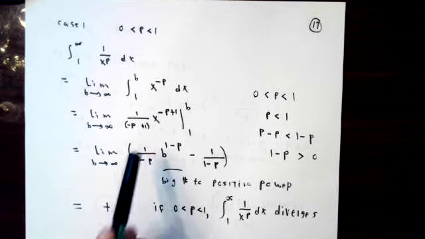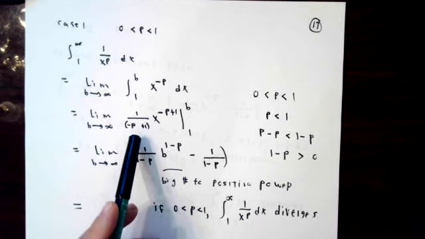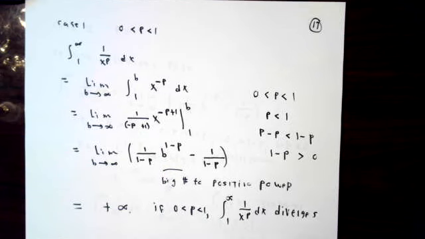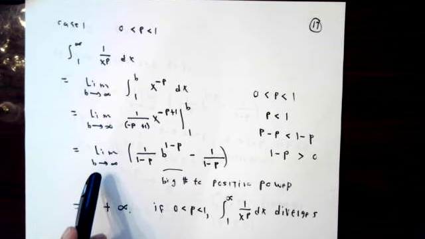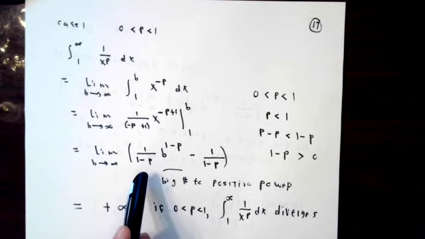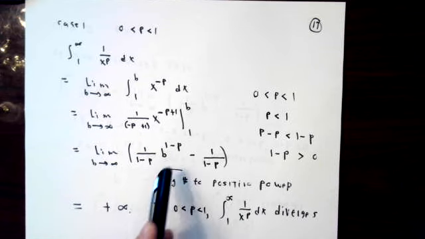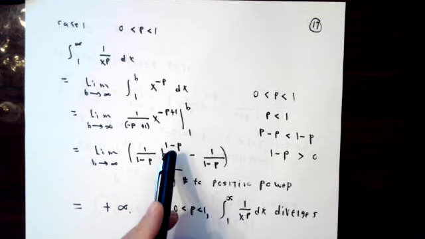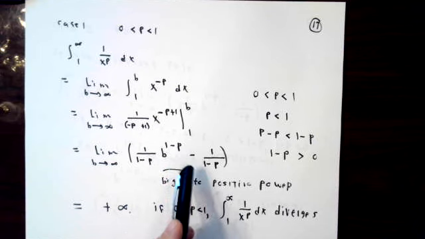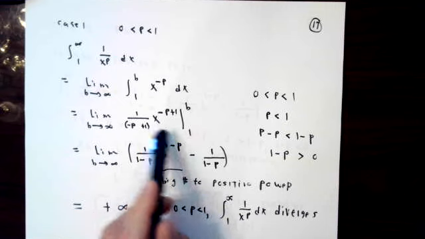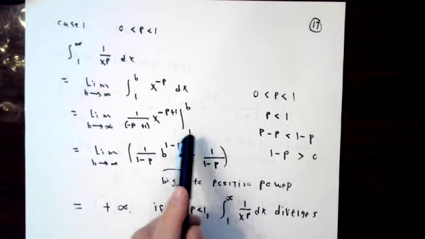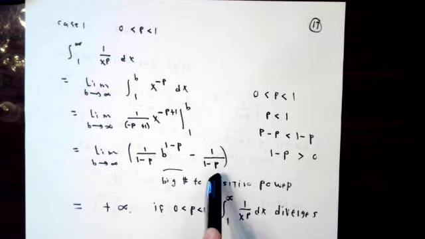You also have to have the reciprocal of the new power, which is where the 1 over negative p plus 1 comes from. We have to look at the limit as b tends to infinity of 1 over 1 minus p times b raised to the 1 minus p power, minus, when I evaluate the antiderivative at x equal 1, I just get 1 over 1 minus p.